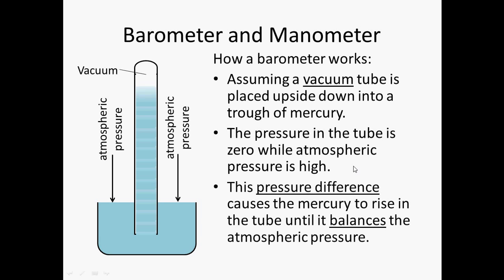The pressure difference will force the mercury to rise in the tube until it balances the atmospheric pressure. So it will keep rising until the atmospheric pressure is equal to the pressure exerted by this height, or this depth, of mercury that has just risen.